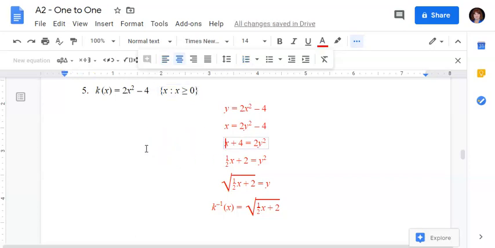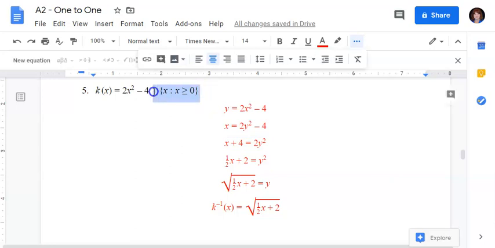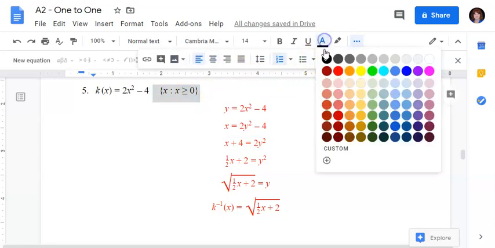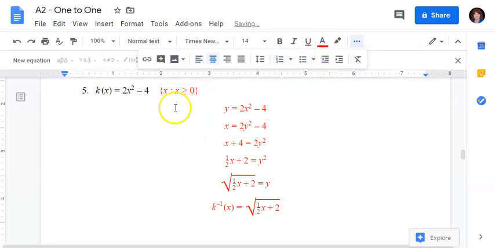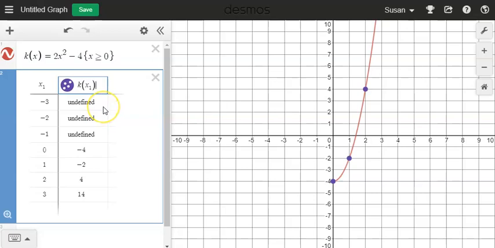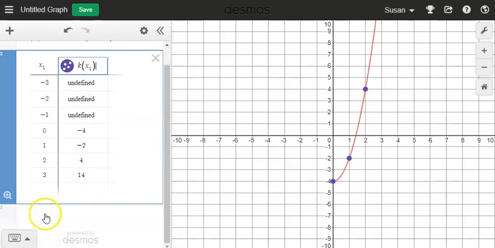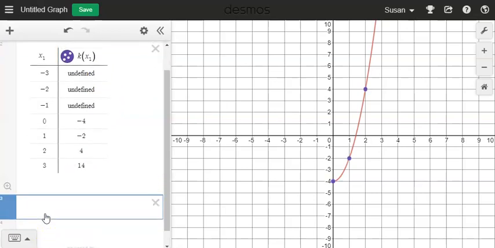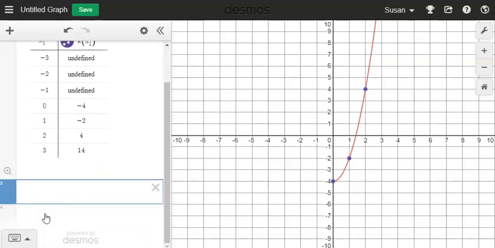So now the question is, if this is the restriction on my function, that will restrict the output of my function in this one. So the question is, what's the domain of this part? So let's go over here to Desmos and see if I can do the inverse.